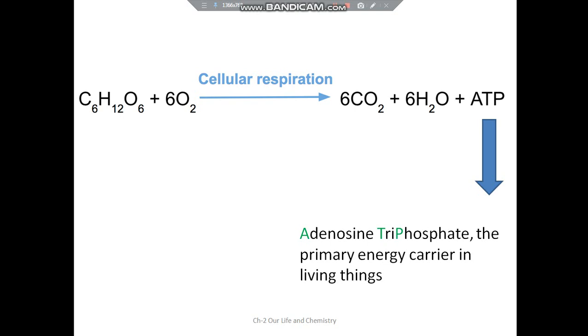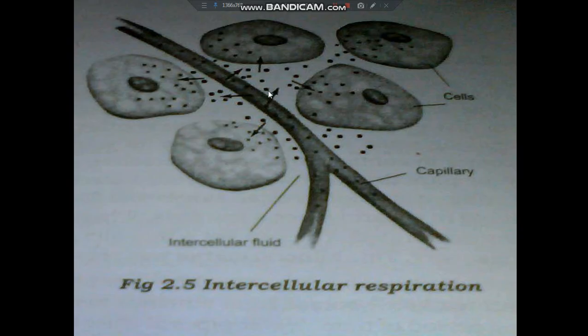Now the carbon dioxide that is produced in this process needs to now leave the body. So what happens is, this carbon dioxide that was prepared in the cells, here the whole cycle will be reversed.